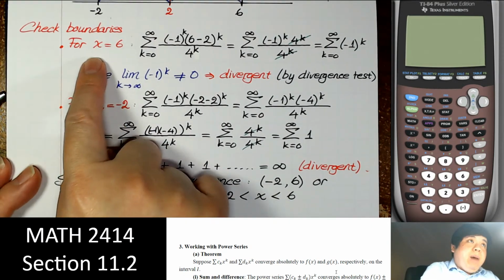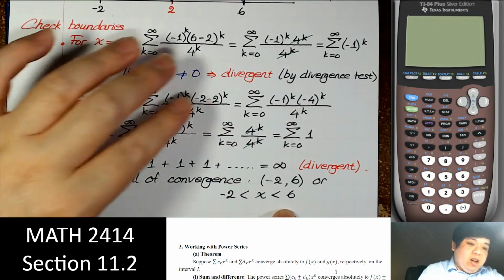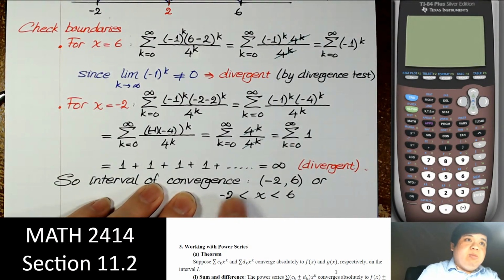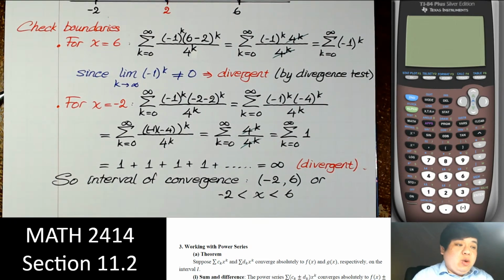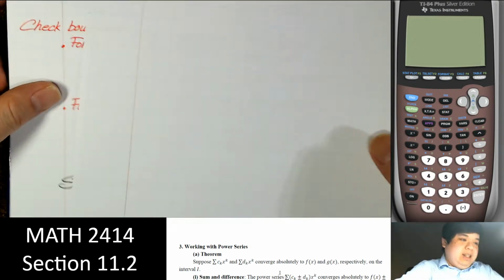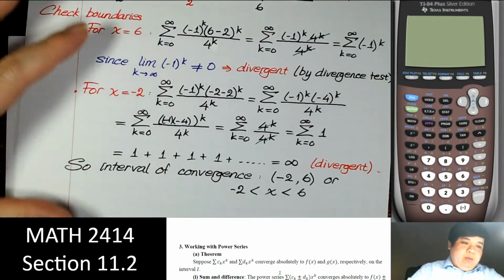Maybe one boundary makes it convergent. In that case, make it an equal sign. In this case, none of them works, so no equal sign. I remember one of the test review questions has the equal sign on one side. So I will do the review this weekend, and we have that example when we get to it.